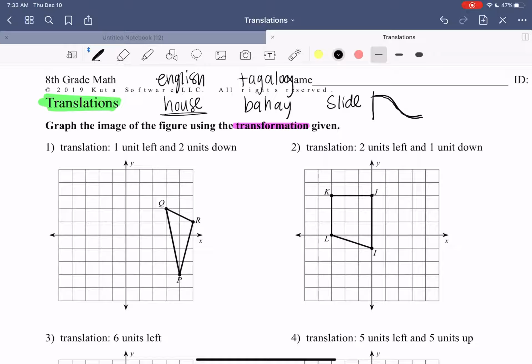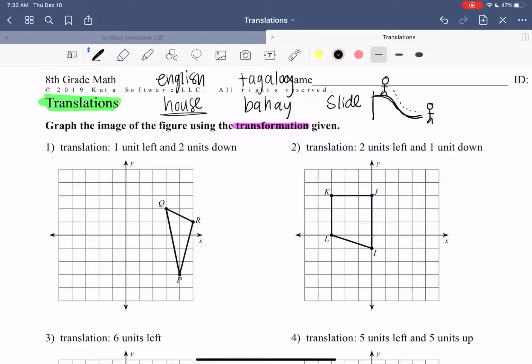If a child were to slide down this slide, that same child would end at the bottom. The child didn't change, it's all the same. So with our geometrical shapes, as we translate our shapes around our coordinate grid, our graph, the shape is not going to change shape or size.